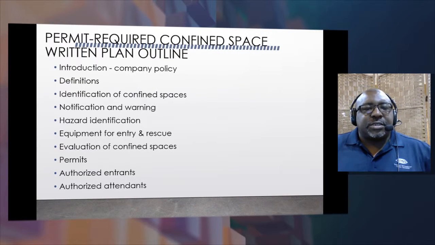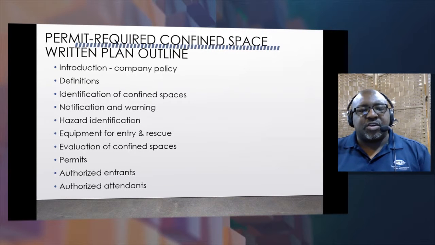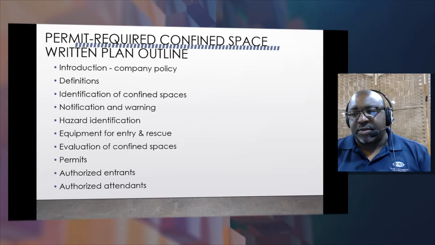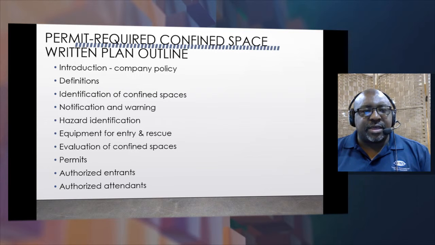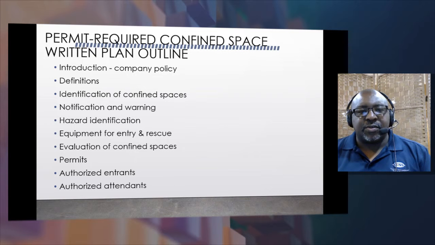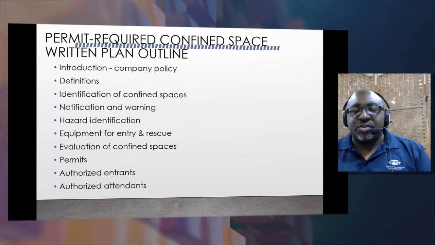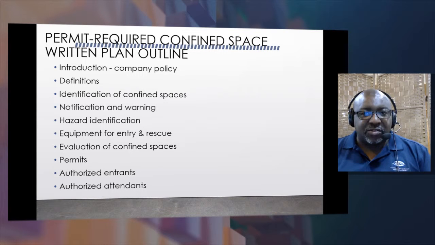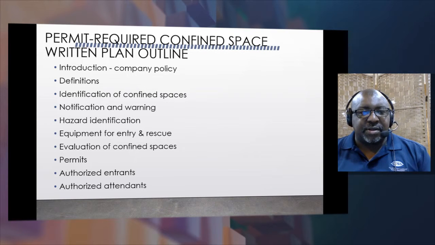So first, in the general industry, the program itself, you'll see it's got the introduction where you should have your company policy, everything else related to the permit itself, the program, what your procedures will be as best as you can will be outlined in this, or your policy on when to enter a space that is permit required and how it's going to be done.